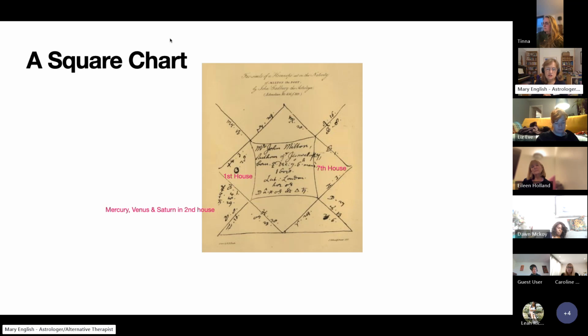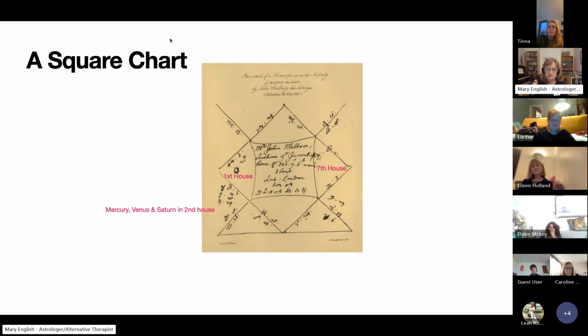So this is a chart for a poet called Milton, and we'll come on to what it looks like today. But this is what his chart looked like, that was created by somebody not soon after he was born, so in the same century. And in this chart, you'll see written in red on the left-hand side, Mercury, Venus and Saturn, and that's next door to the planets.